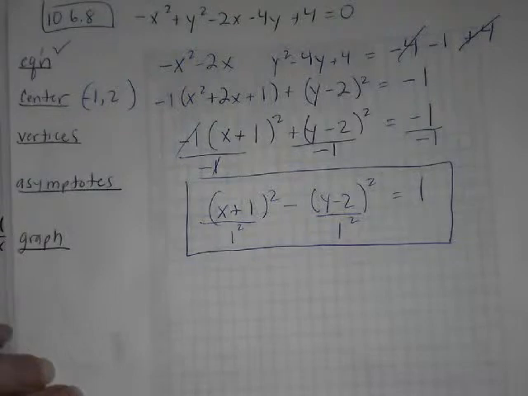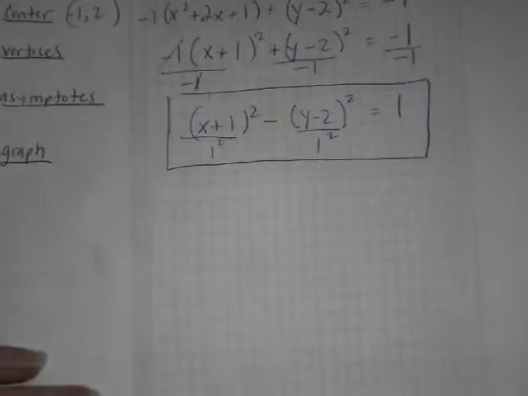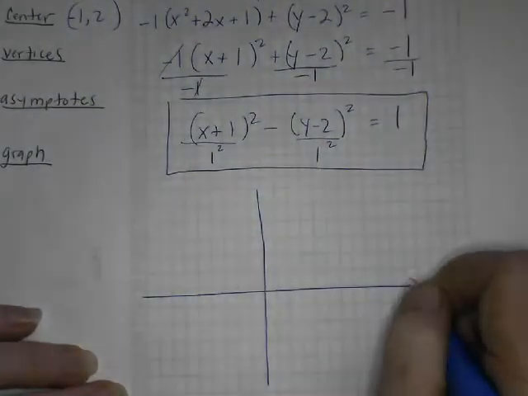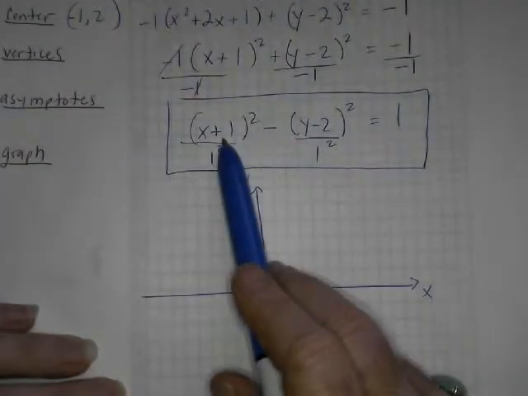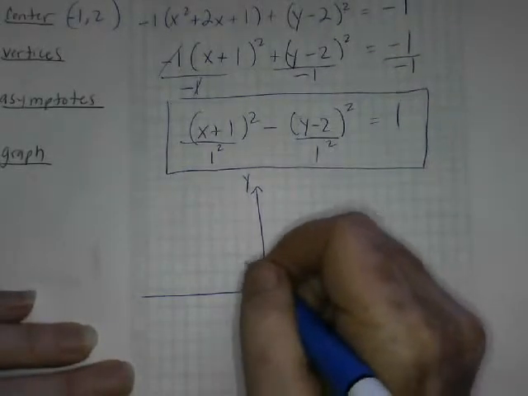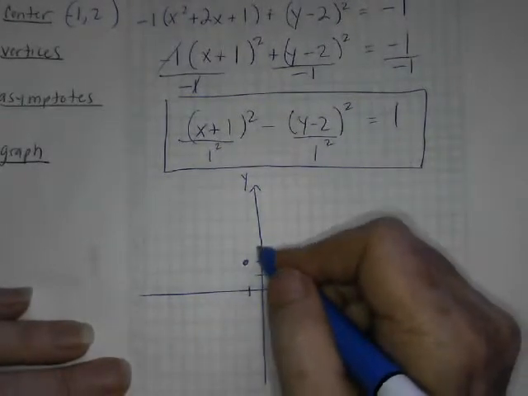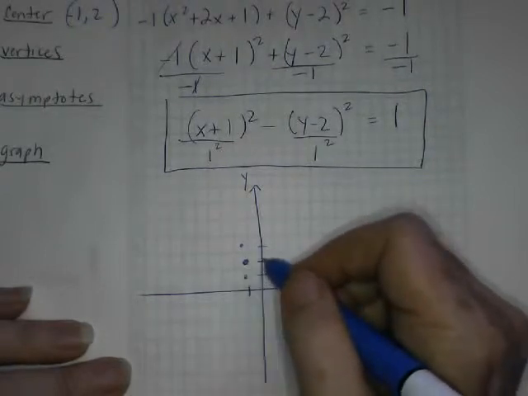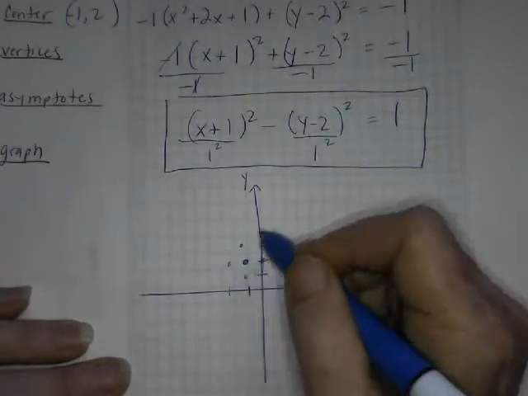Okay, where are the vertices? I would like to see my graph, and I'll look on the graph and find the vertices. So let's go ahead and graph it. So to graph it, if that's x and that's y, we just said the center was at -1, 2, right there, and a and b are 1, so I'm going to go up 1 and down 1 and to the right by 1 and to the left by 1.